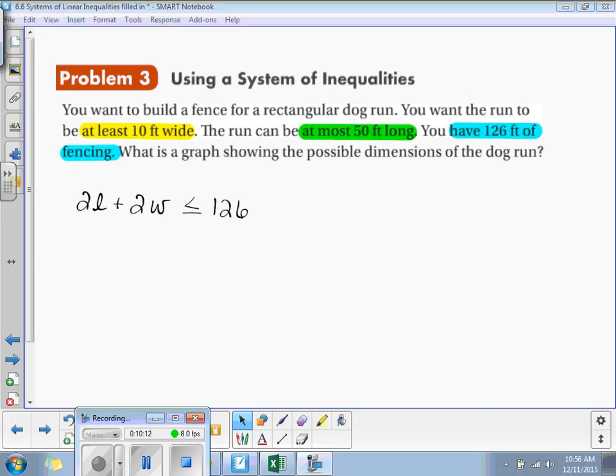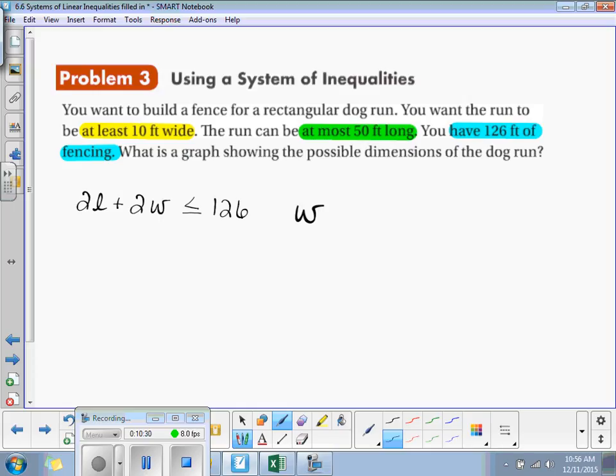We also know that we want the run to be at least 10 feet wide. So W at least 10 means 10 or more.